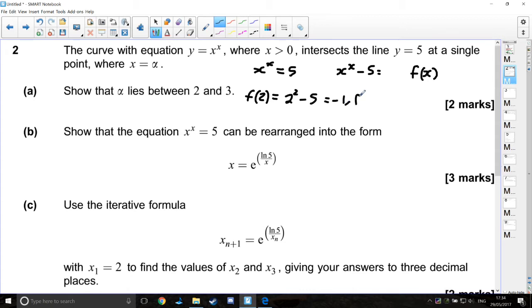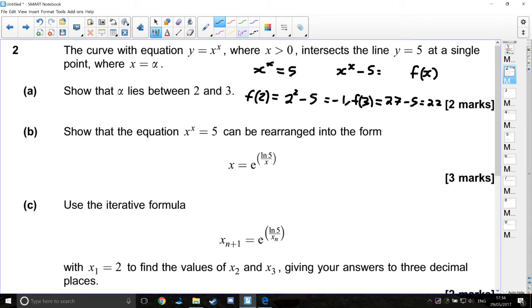Okay, f of 3 then, just getting the 2 and 3 from here. That's equal to 3 to the power of 3, which is, oh god, 3 cubed, 27. 27 take away 5 is 22, I think. I'll correct myself with a calculator in a moment. 27 minus 5 is, yeah, it's 22.